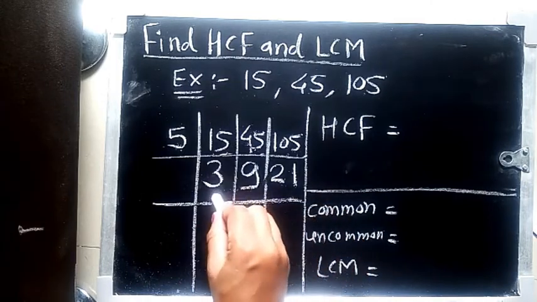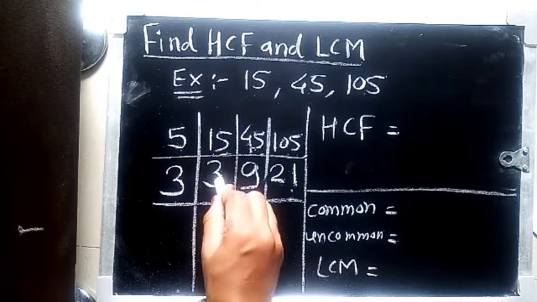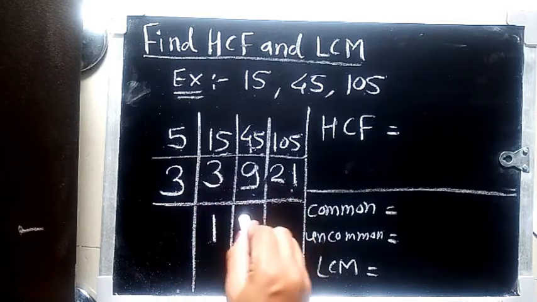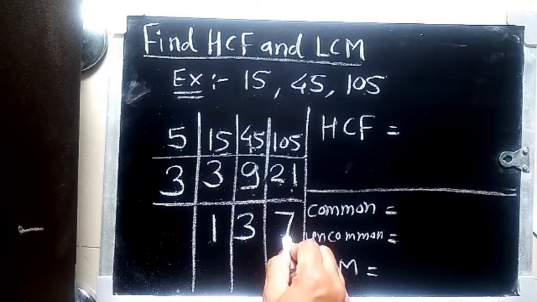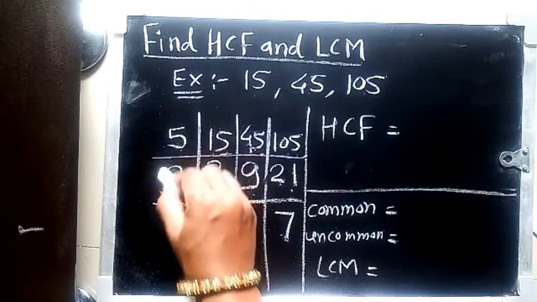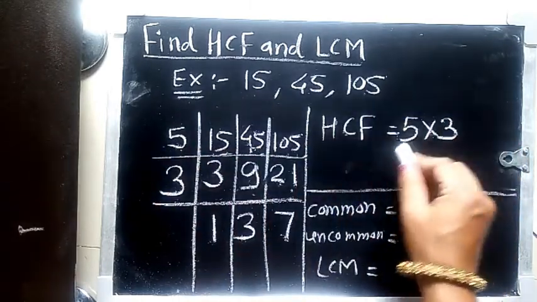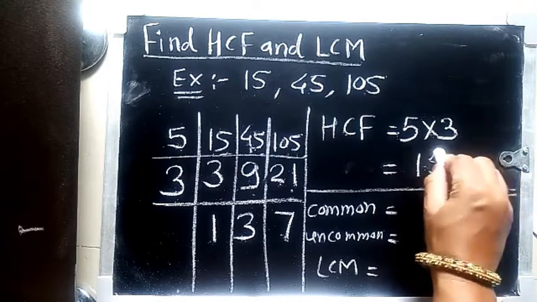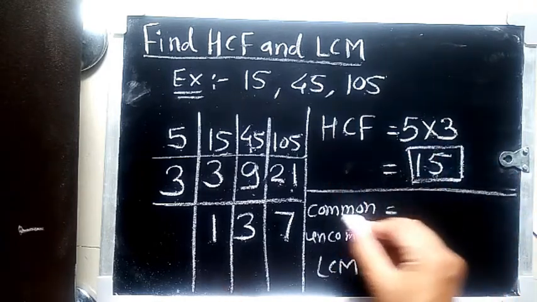These three numbers are in the table of 3, so divide by 3. 3 ones are 3, 3 threes are 9 and 3 sevens are 21. 3 and 7 are prime numbers, so stop division. HCF is 5 multiplied by 3. 15 is the HCF.